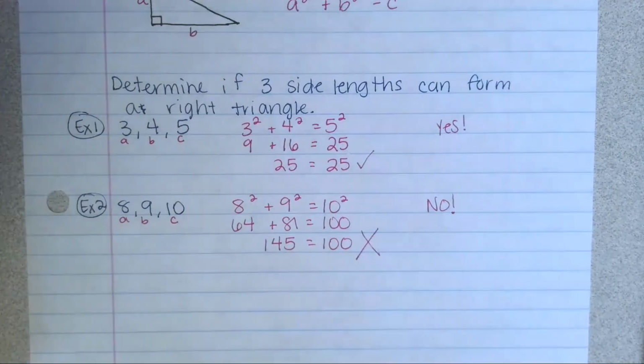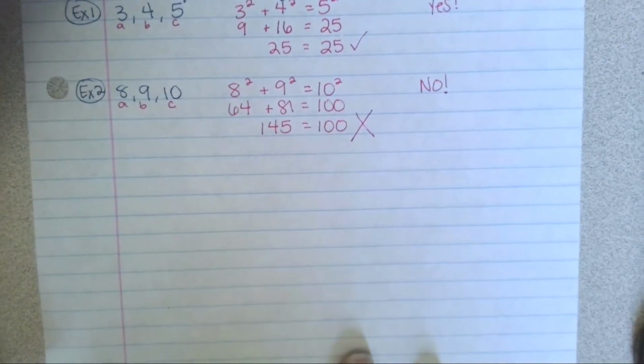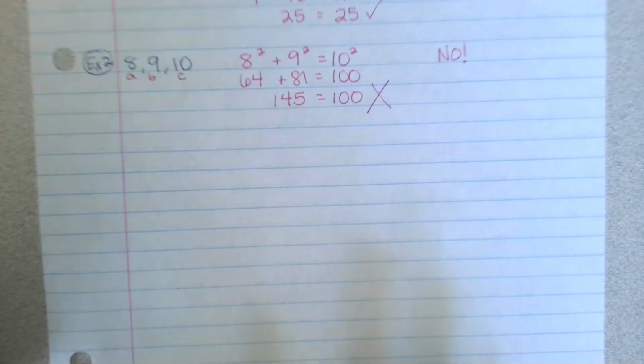The other thing that we can do is if we are given a diagram with a right triangle, we can solve for a missing side.